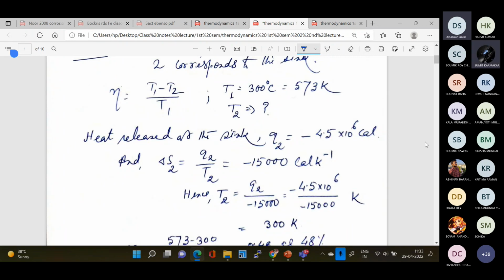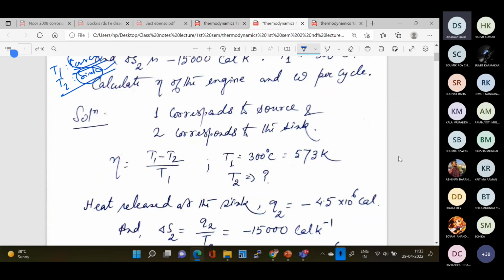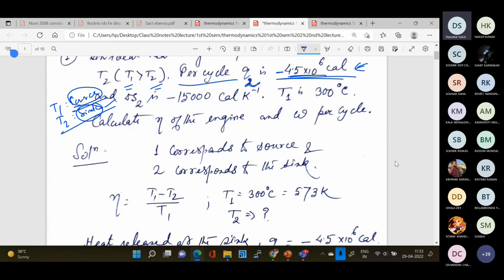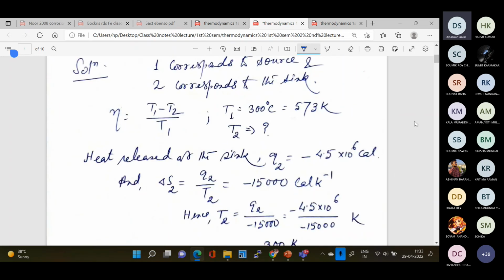Heat released to the sink, it should be negative, no? No, no. Heat released to the sink. What does it mean? That means the sink is absorbing this amount of heat.